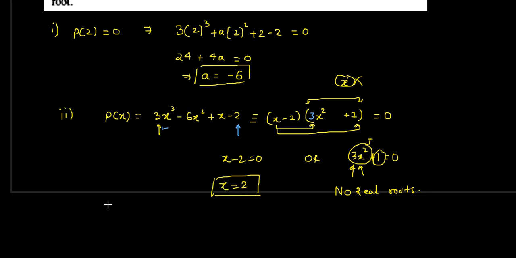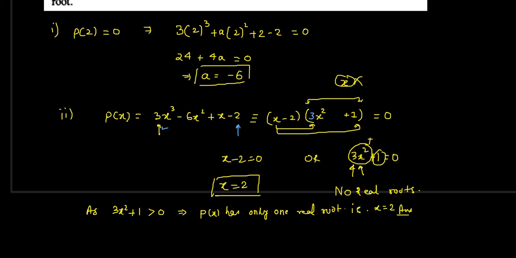What you need to write here is that as 3x square plus 1 is greater than 0, that means p(x) has only one real root, that is x is equal to 2. This is your final answer.